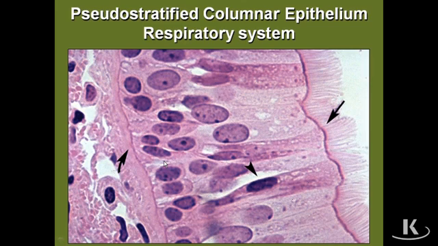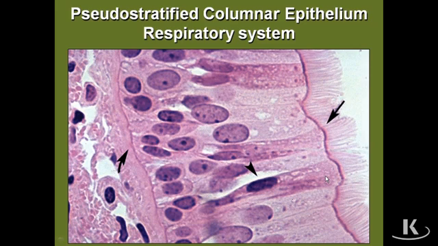Lying only on the basement membrane and not extending to the luminal surface are basal cells, and they make up the stem cells that are capable of regenerating the other cell types in this pseudostratified epithelium. The two cell types that do reach the luminal surface are goblet cells and the ciliated columnar absorptive epithelial cells.